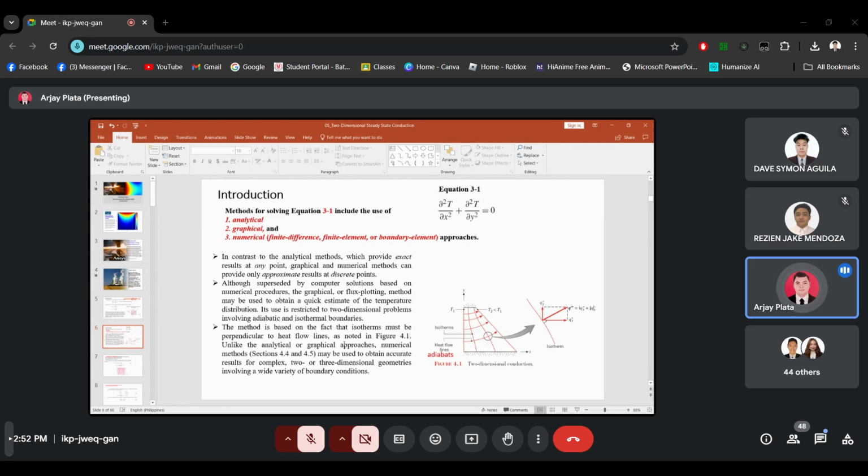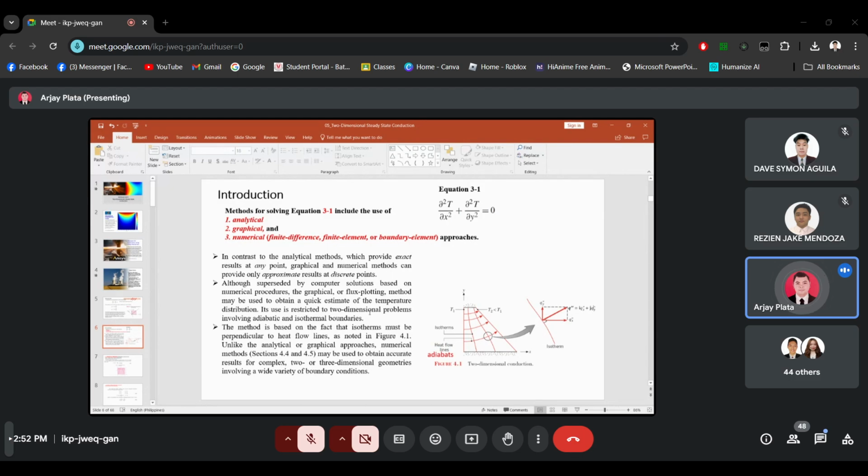Okay. So the next method is the graphical method. This is the easiest method. However, it is also the least accurate because we are just assuming a certain size of a node, for example. And the last method is the numerical, or finite difference, finite element or boundary element.